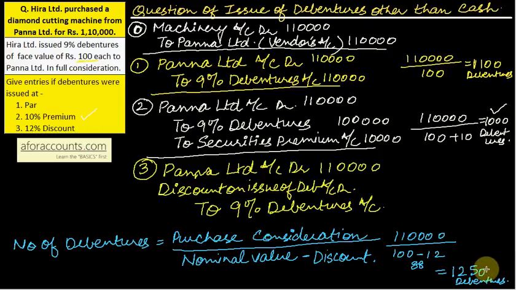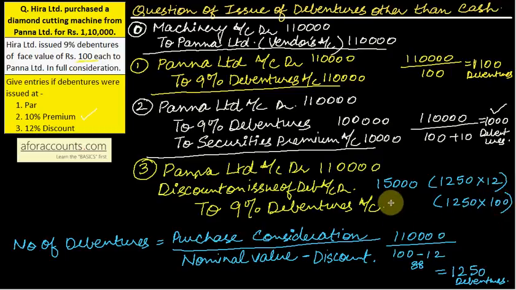So your entry Panna Limited account debit to discount on issue of debentures. डिस्काउंट कितना है 12 रुपीज. शेयर्स कितना है 1250. So discount में 1250 debentures into 12 rupees. That comes up to 15,000. And to 9% debentures account, that is 1250 debentures into 100 rupees.